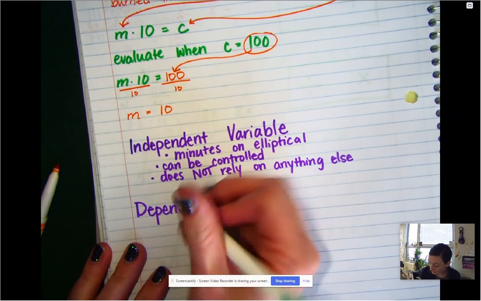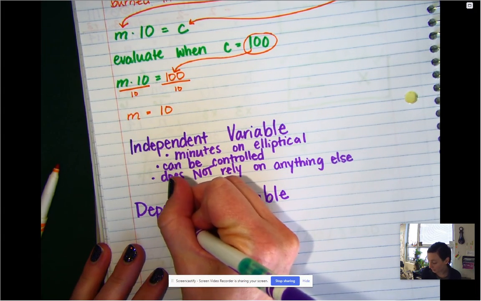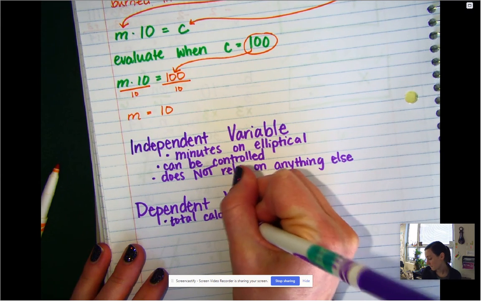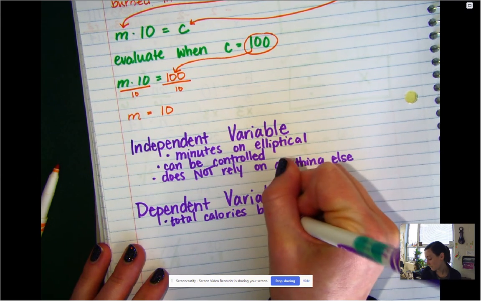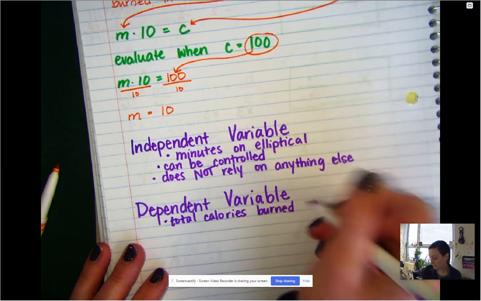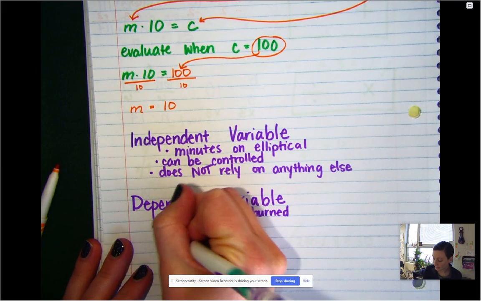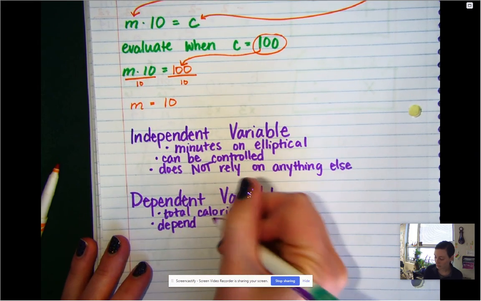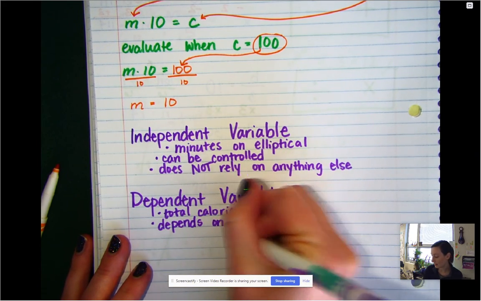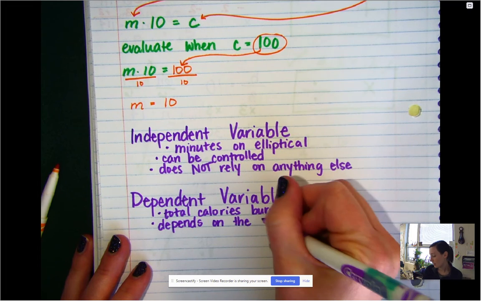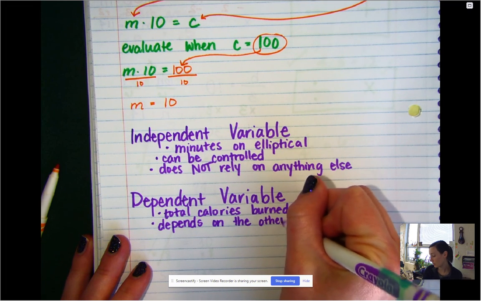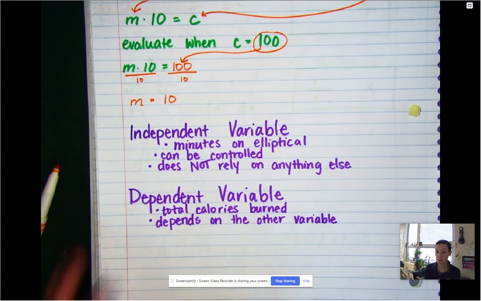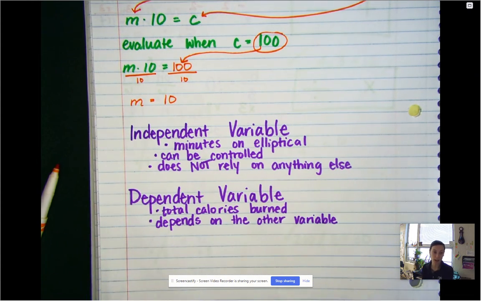So in this case, this would be the number of total calories. It always depends on, that's why it's called dependent, depends on the other variable. So the number of calories burned depends on how many minutes we're on the elliptical.